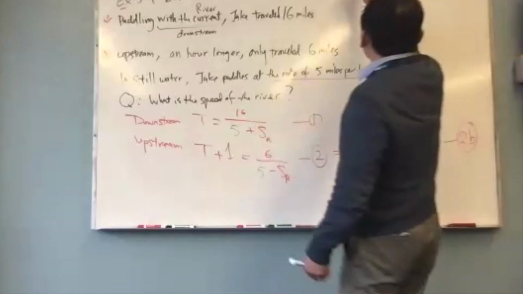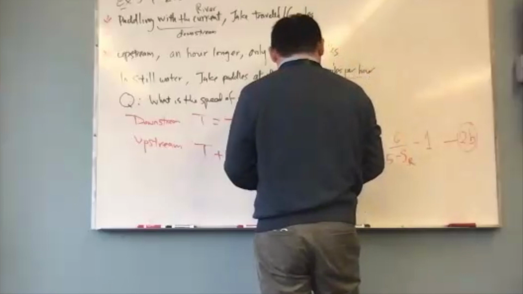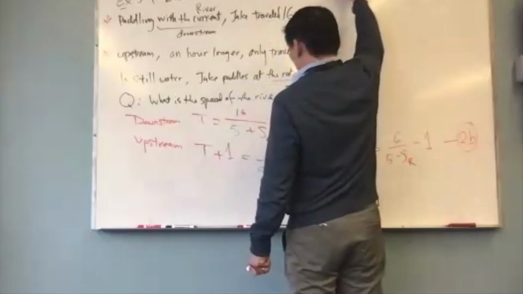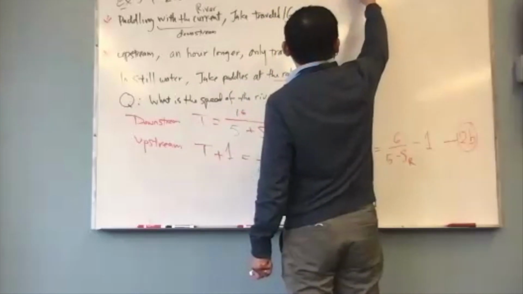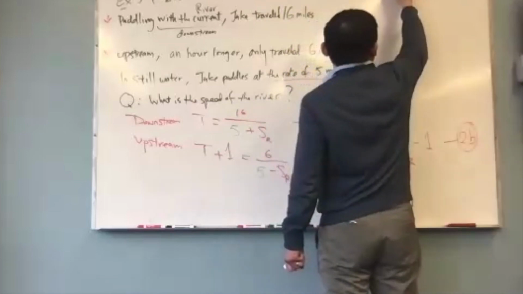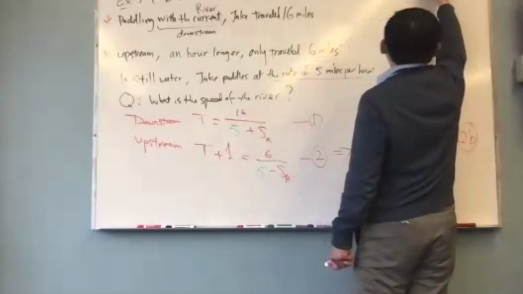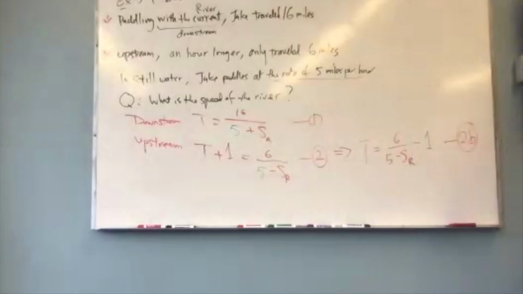So let me just write it down: 16 over 5 plus SR is equal to 6 over 5 minus SR minus 1. And then your job is to solve for SR. This equation looks very similar to what we've done before. Does that make sense?